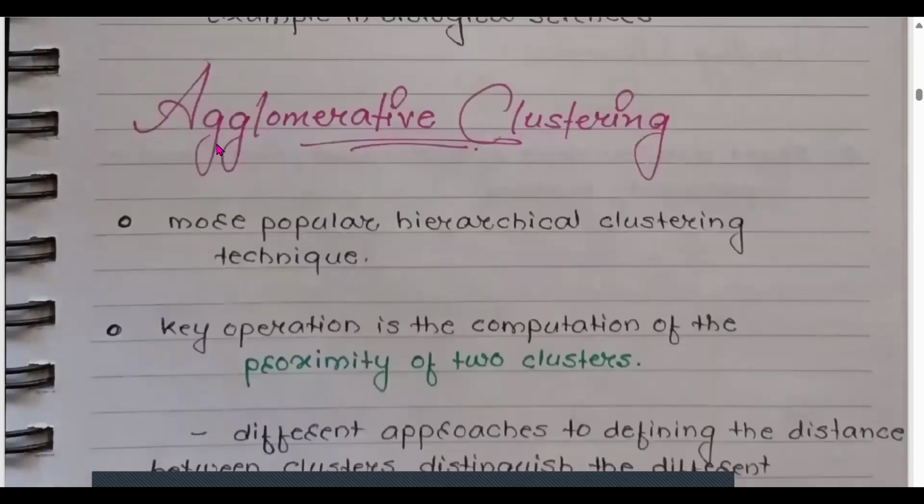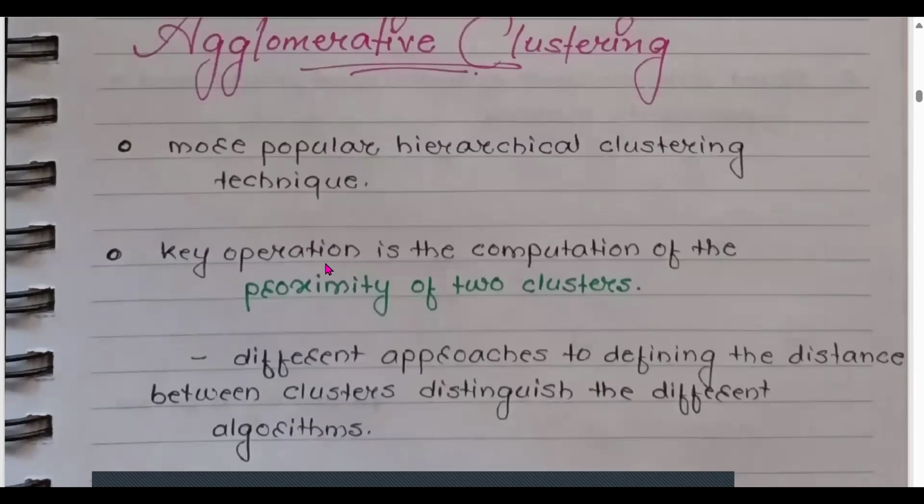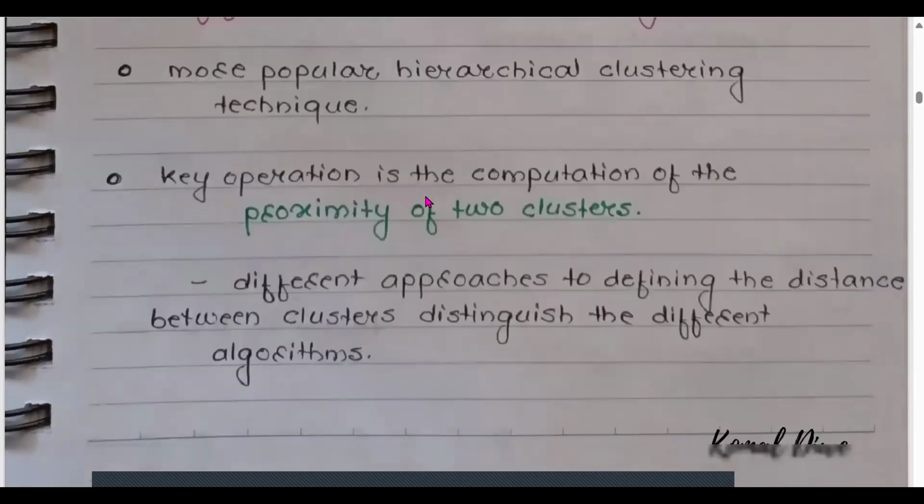Agglomerative clustering is the more popular hierarchical clustering technique. The key operation is the computation of the proximity of two clusters.